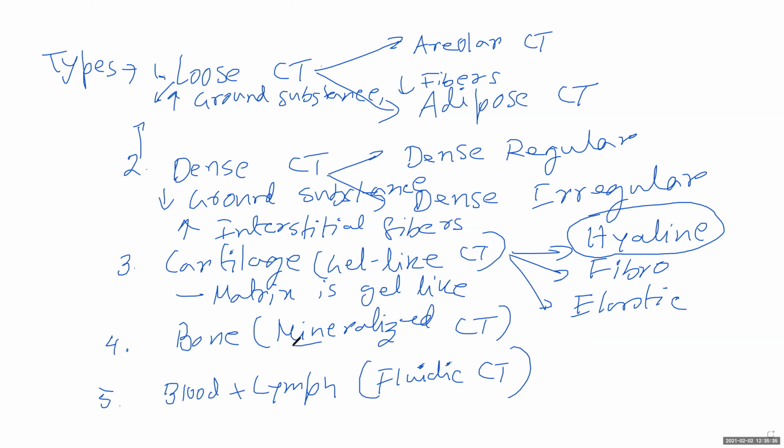Bone, as the name tells you, is mineralized connective tissue. There are two types of bone: compact bone and spongy bone. We are studying both, compact bone in more detail, spongy bone less.